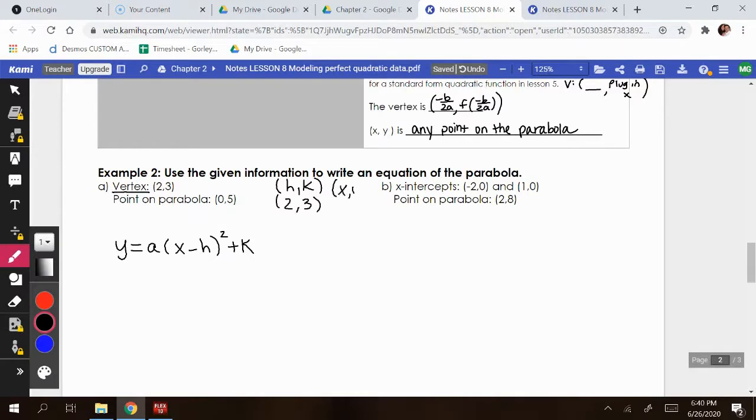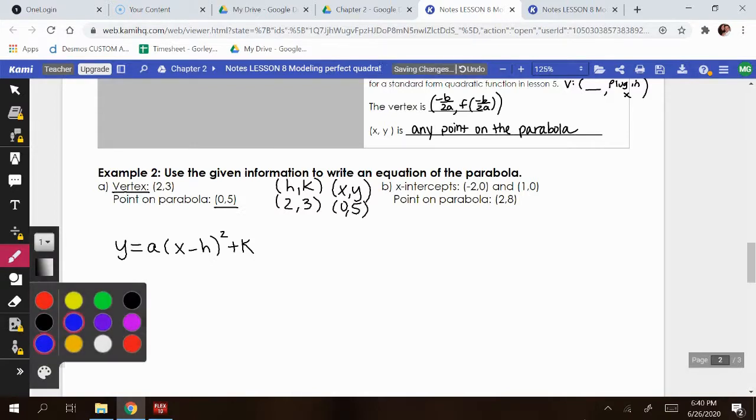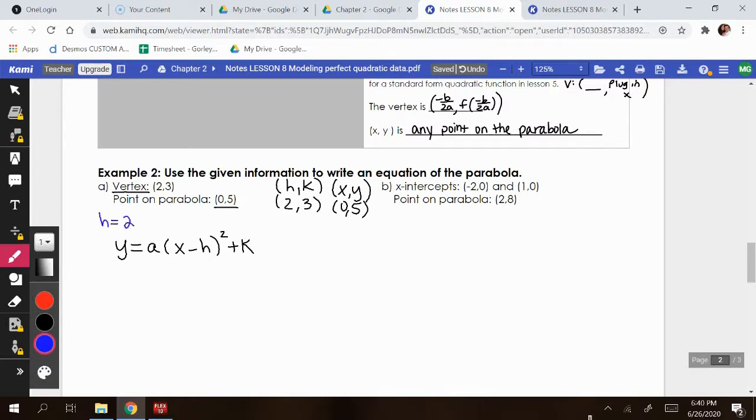And I also need a point, and it tells me that a point on my parabola is (0, 5). So I'm going to make sure to plug in an h value of 2, a k value of 3, an x value of 0, and a y value of 5.